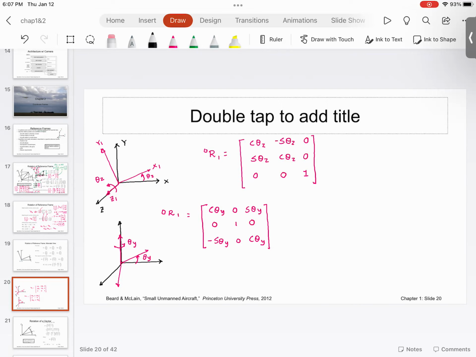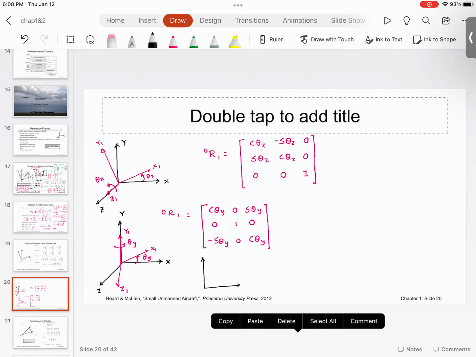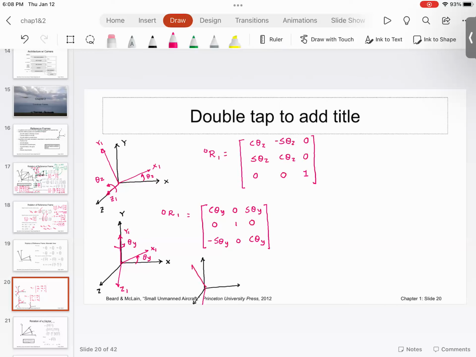And the last rotation, so this is going to be my x, y, z. This is going to be x1, y1, z1. The last rotation is going to be the rotation about x, and if I rotate it in the positive direction, it is going to be something like this.